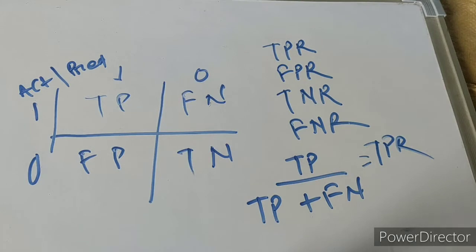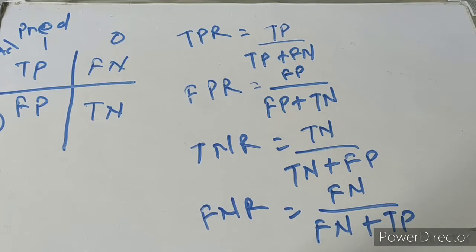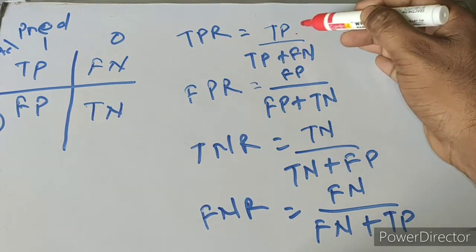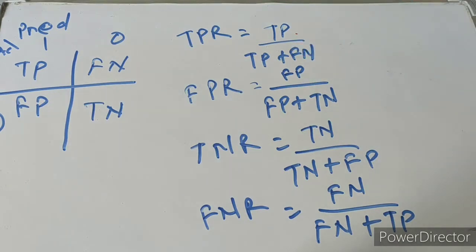What is false positive rate? Let me write all these things. As you can see on the screen, I have already written down the formulas for true positive rate, false positive rate, true negative rate and false negative rate. You can see true positive is divided by true positive plus false negative.